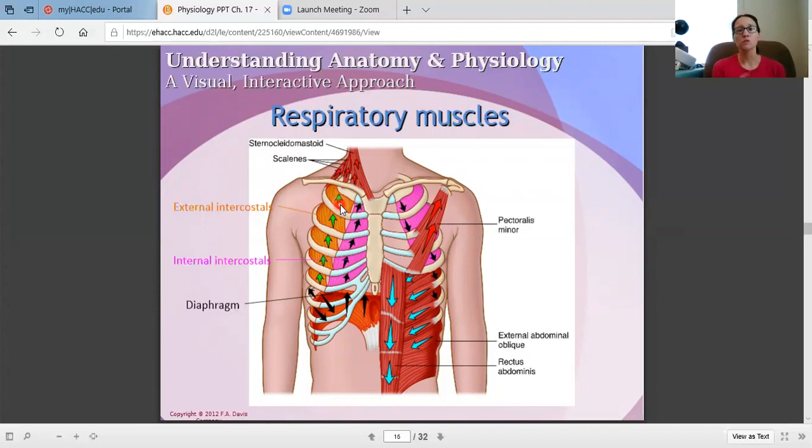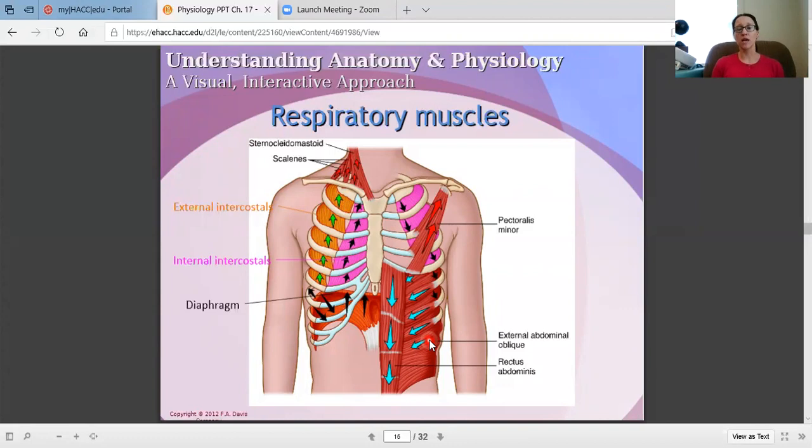In addition to those, we have the external obliques and rectus abdominis, part of the abdominal set, which helps fold the whole torso forward to assist with forced exhalation. Normally, we don't use them when we're just sitting here quietly breathing.